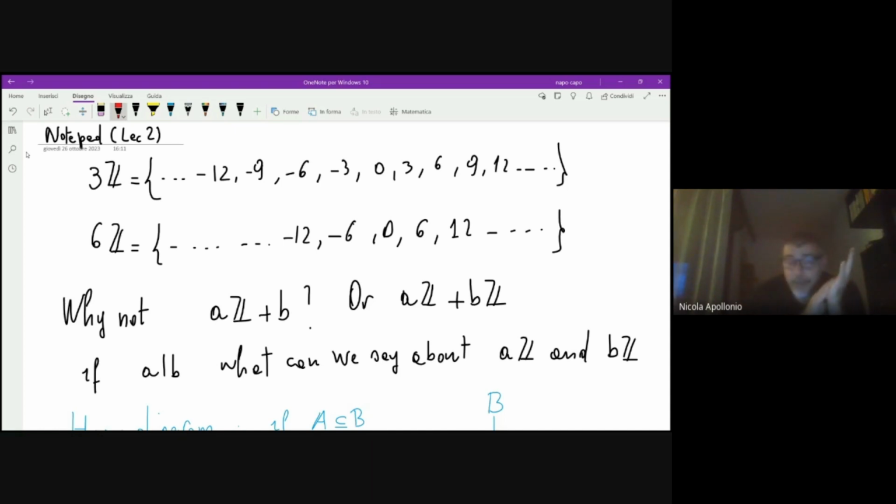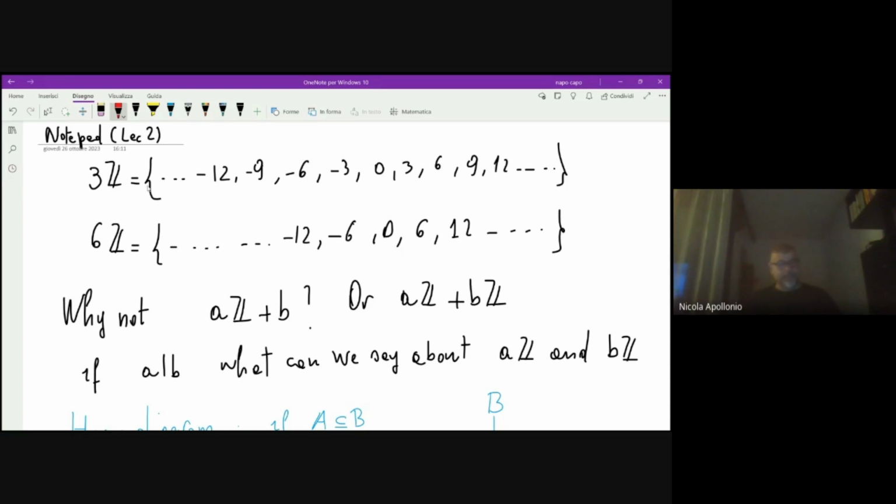Of course, 0 is always a multiple of any integer, then 3, 6, 9, 12. Pick 6Z: minus 12, minus 6, 0, 6, 12, and so on and so forth.